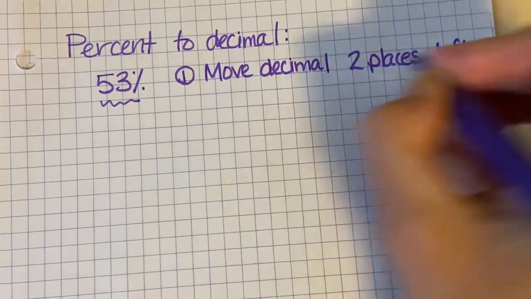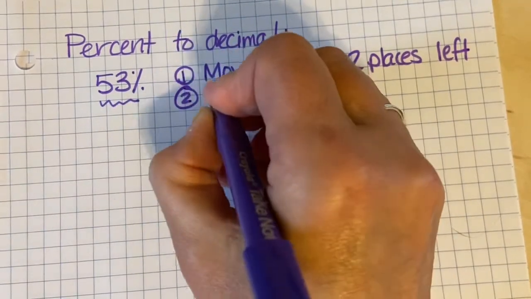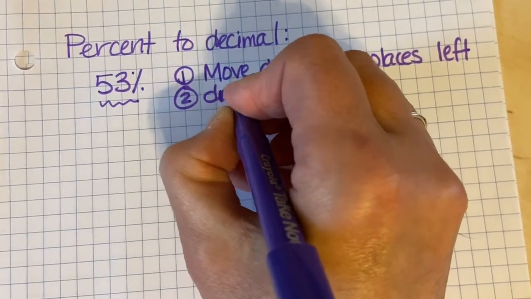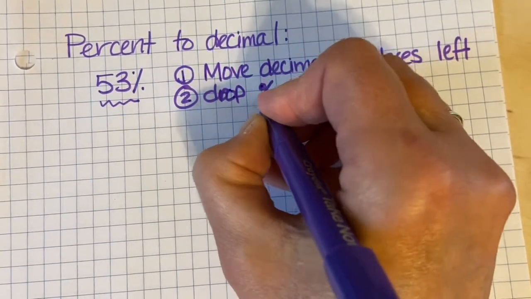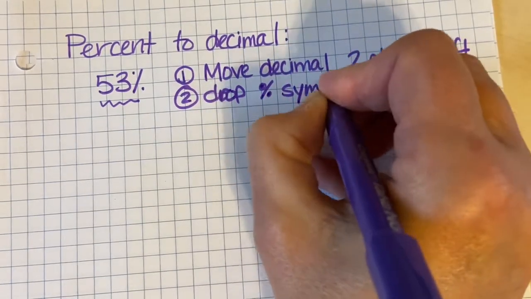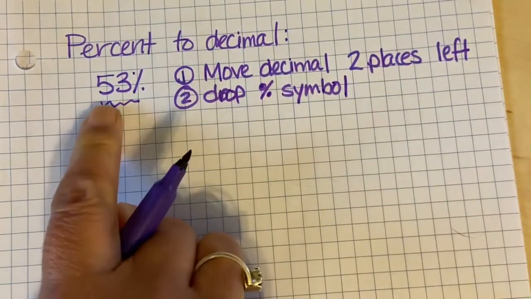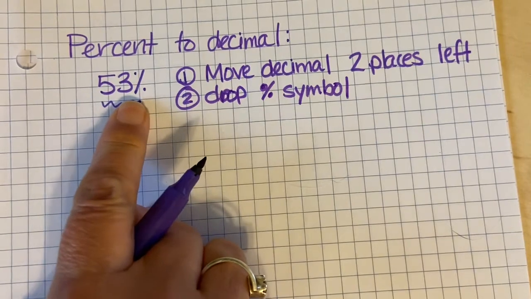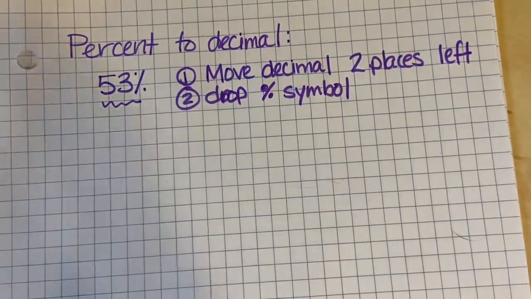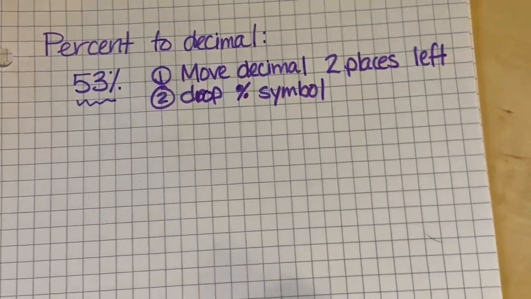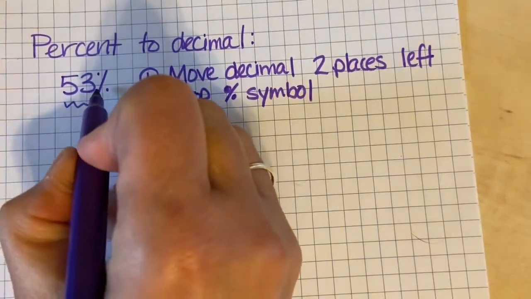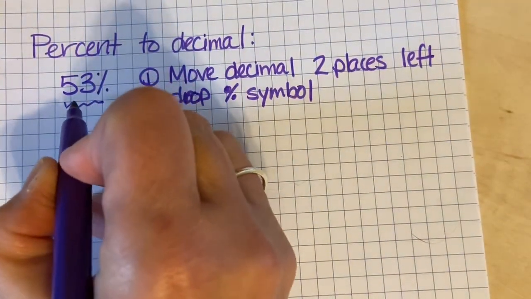And I'll tell you why. D-R-O-P. Because literally what this means is 53 percent, and percent means divided by 100. It means 53 out of 100 or 53 divided by 100. So if I need to get rid of the percent symbol, I need to divide by 100.